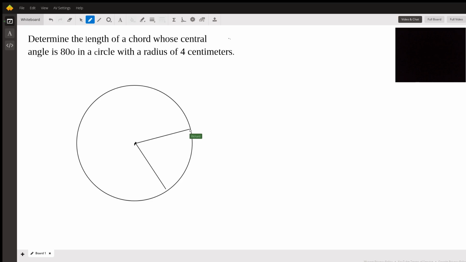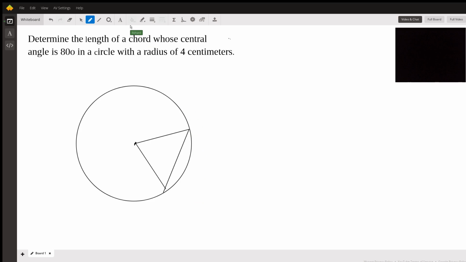And then we're going to put a chord in here. It may not be entirely clear from the words that this is actually the diagram to do, but there's really no other way I could think of drawing it. I'm pretty convinced that this is the right way, sort of by process of elimination.